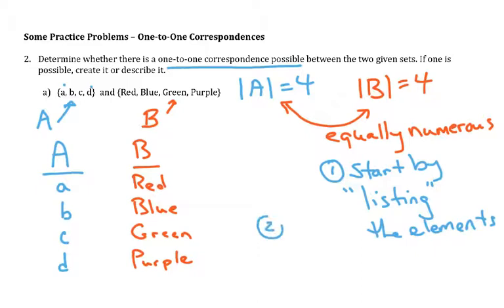Step 2 is pair, if possible. So I can pair A with red, I can pair B with blue, C with green, and D with purple. Of course, there are other ways to pair them up, but this is perfectly good. So there is a one-to-one correspondence between these two sets. And here it is.